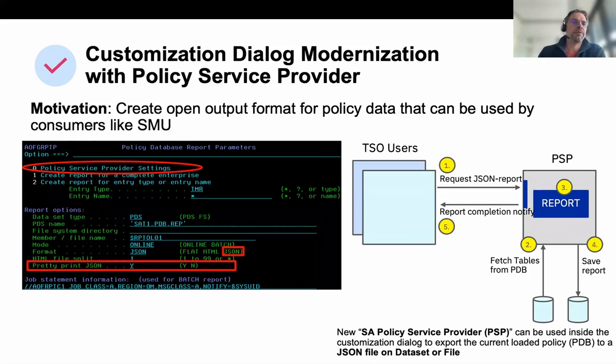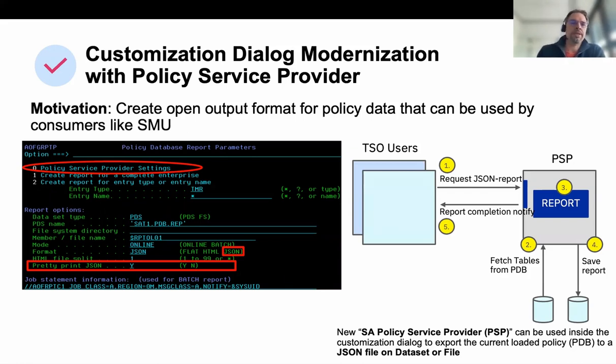Here's an example of the ISPF screen that you can use to create a JSON report. You can select JSON as a new format option. You also have the option to pretty print the JSON so that you have a more readable output format. If you don't use that, it's more consumable and smaller for machine-readable use cases.